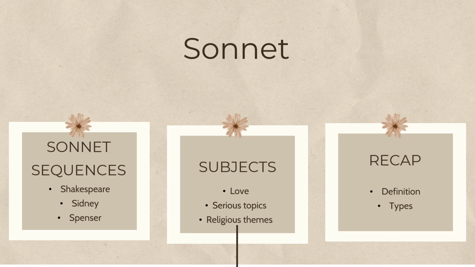The rhyme scheme of that form would be AB, AB, CD, CD, EF, EF, and GG. And the last type, which is the Spenserian sonnet, had a linking rhyme structure or continuing rhyme structure, which linked each quatrain to the other. And the rhyme scheme would be AB, AB, BC, BC, CD, CD, and EE. And another small detail that I'd like to add here is that the word sonnet comes from the Italian word sonetto, which means a little sound or strain.